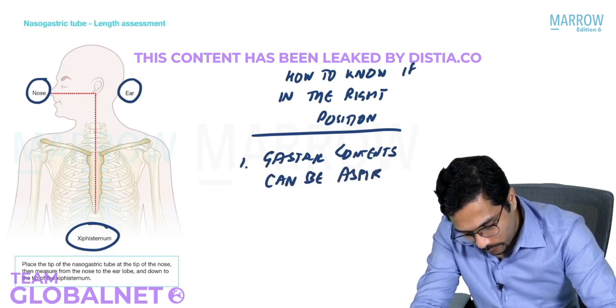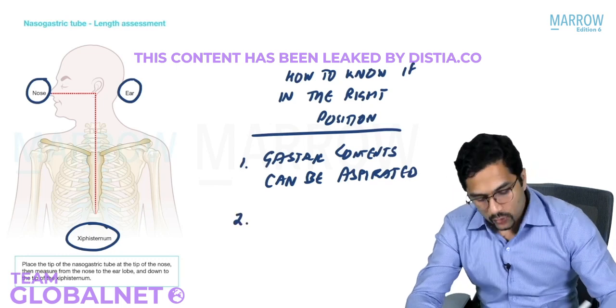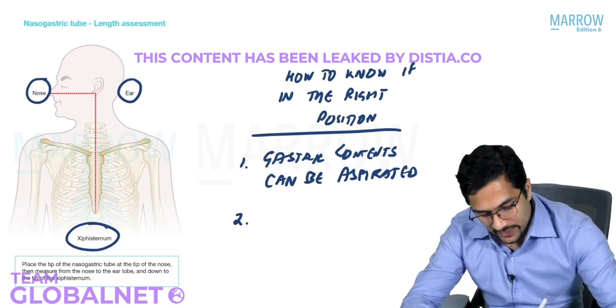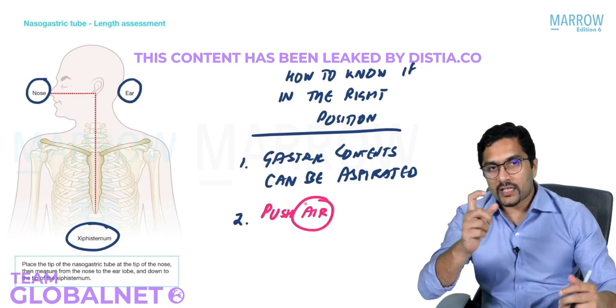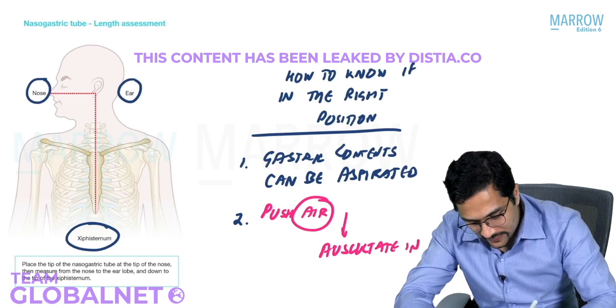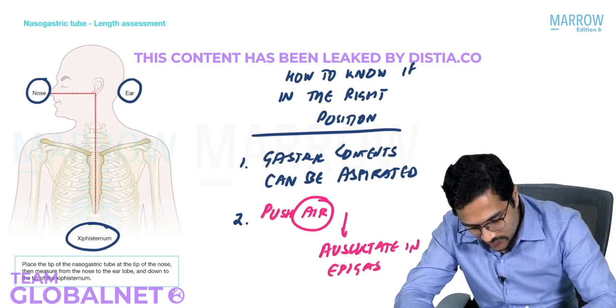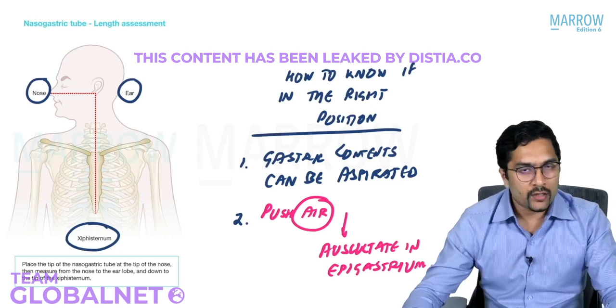So this is point number 1 which will tell us the Ryle's tube is in the right position. And number 2, if gastric contents are not aspirated, we can push air through a syringe, and we can auscultate in the epigastrium. So these are the ways how we know that the Ryle's tube is in the right position or not.